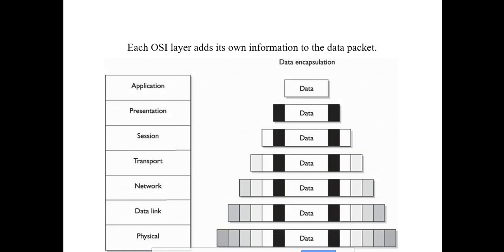An easy way to look at it here is the top of this encapsulation, the data, goes down and is added to as it goes down the stack. Kind of looks like something out of the Aztecs or the Incas with this little pyramid.